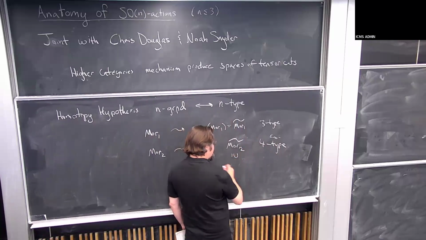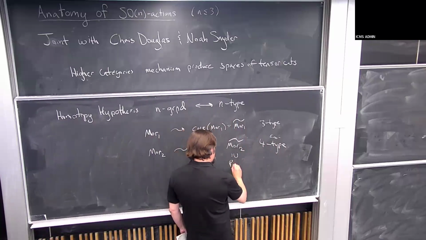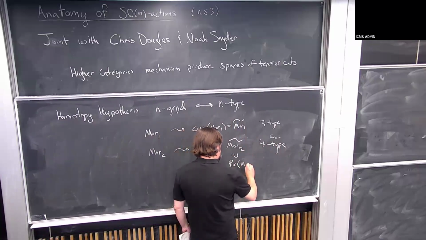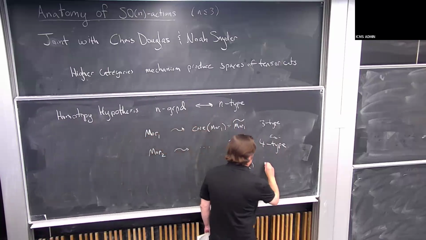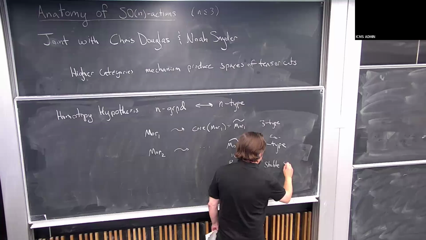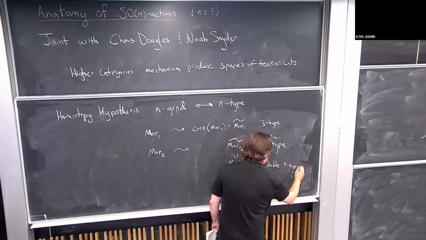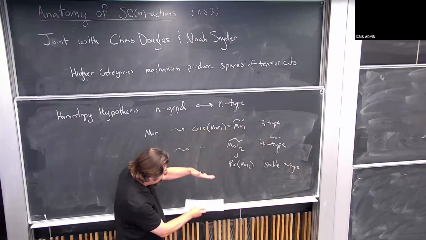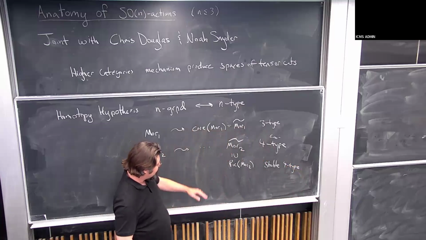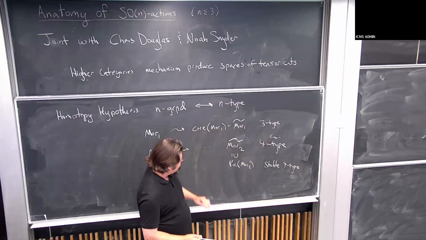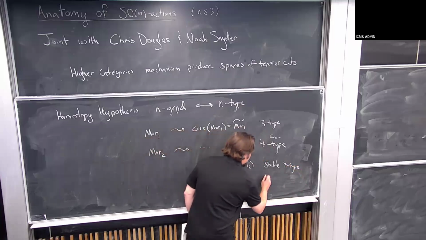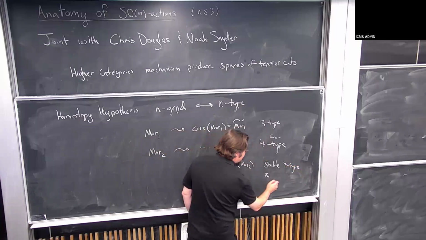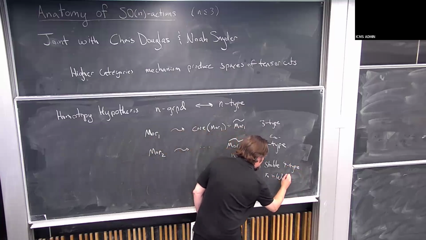Inside, you look at the tensor invertible part, the Picard of the Morita category, and now you have a stable 4-type. This is part of a spectrum, just a small little piece of the spectrum that has these homotopy groups from pi 0 up to pi 4. For example, we saw that pi naught of this space was the quantum Witt group.